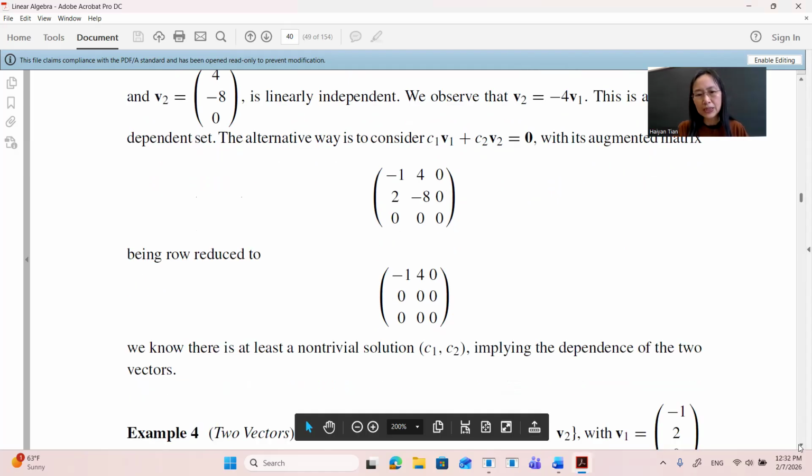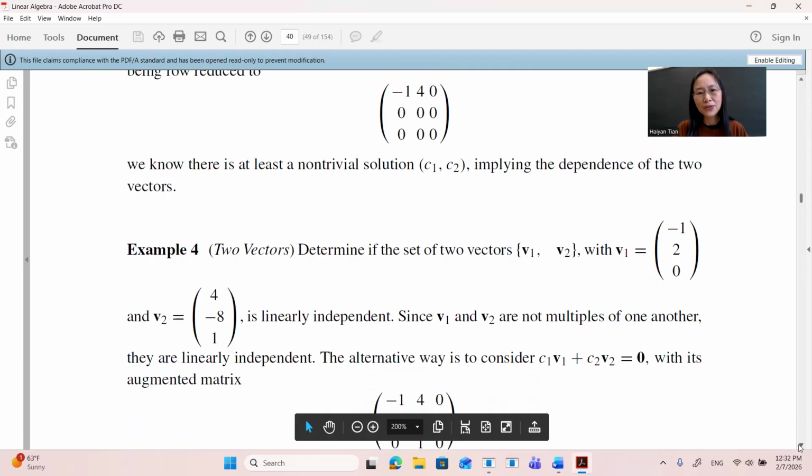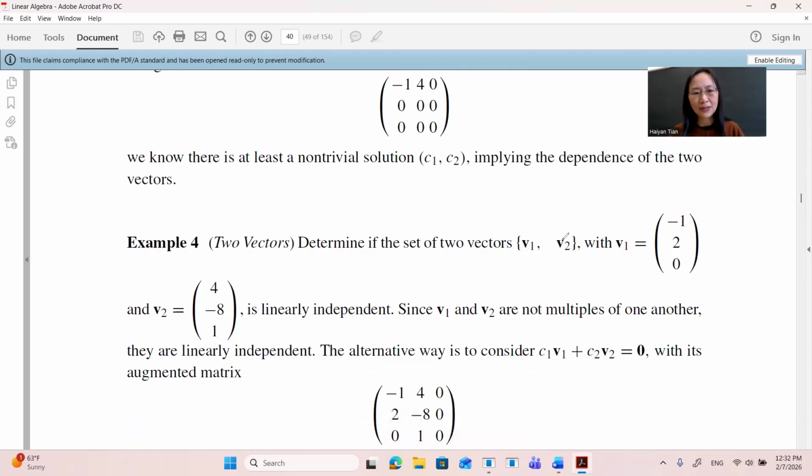Okay, so now we go to some more examples. Once you go through a number of examples, you see how we apply definitions to check linear independence. So here I give you again V1, V2, two vectors. If you want to determine if the set of two vectors V1, V2 is a linearly independent set, we just solve a system.